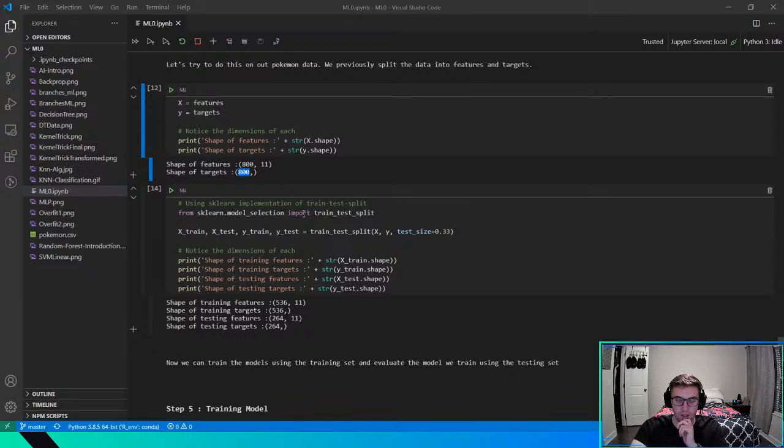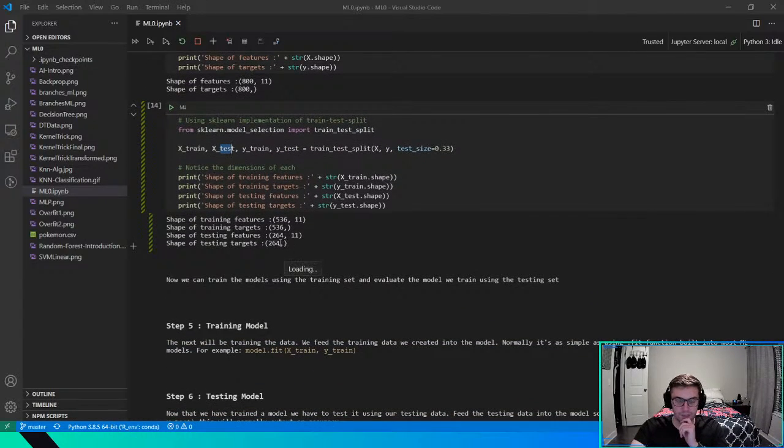We're going to use a train test split function where you input your x and y, and it randomly selects 33% of your 800 data points to be in the testing set, giving you x test and y test. You can see here this is about 33%. Now you're going to train using x train and y train, and then test using x test and y test.